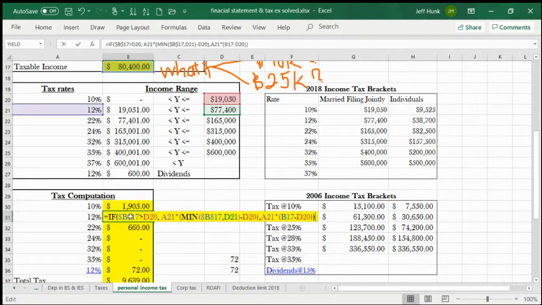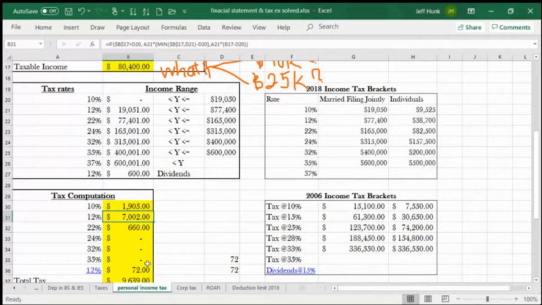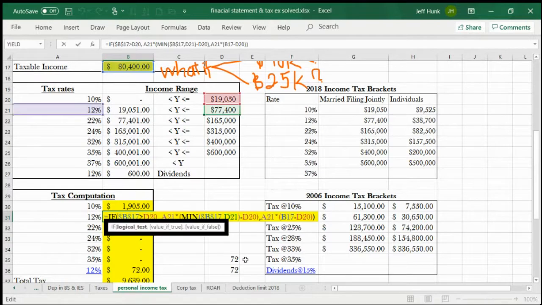And then we apply the same logic to the next bracket. So I simply dragged it down, and you can keep dragging it down, and it will automatically execute. So here the same logic applies.